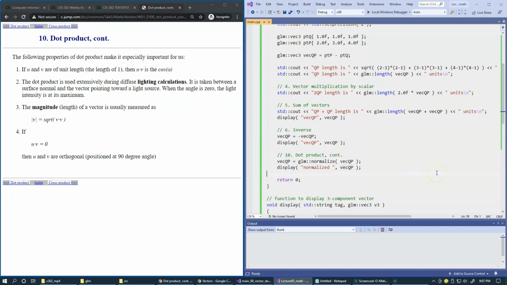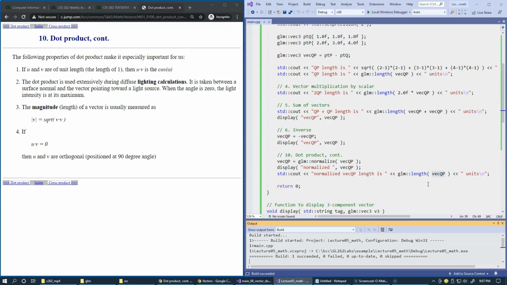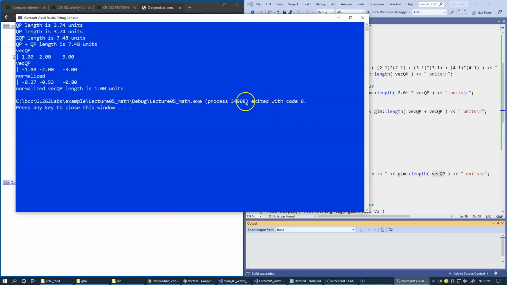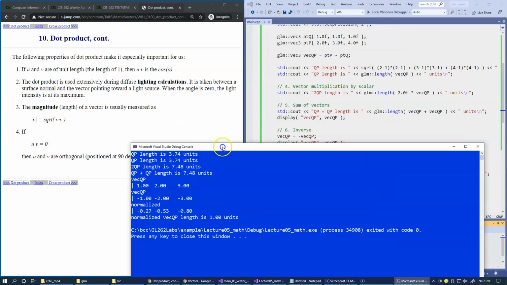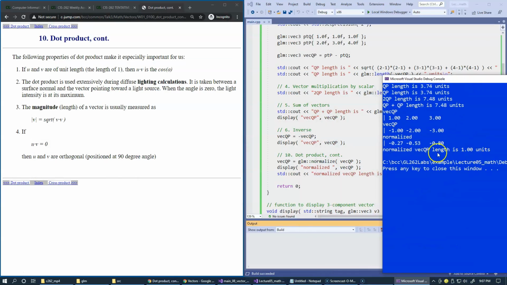And the idea behind it is that if we display the length of the normalized vector, we're expecting it to be of unit length. So let's verify this. You can see that the length of our vector QP is now 1 unit.